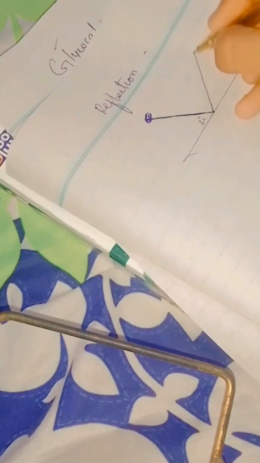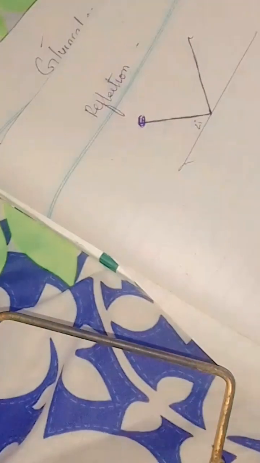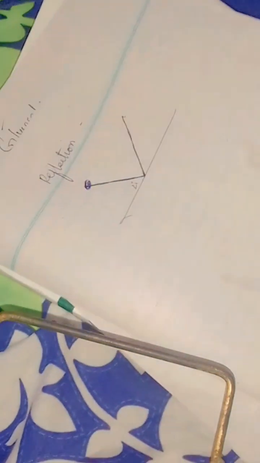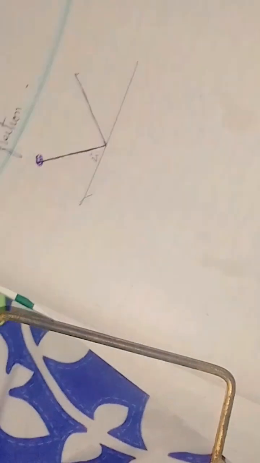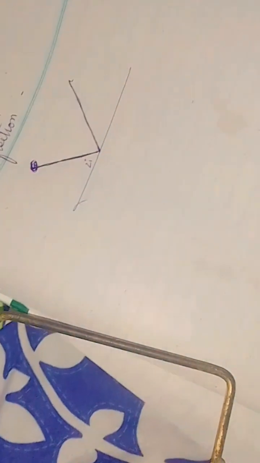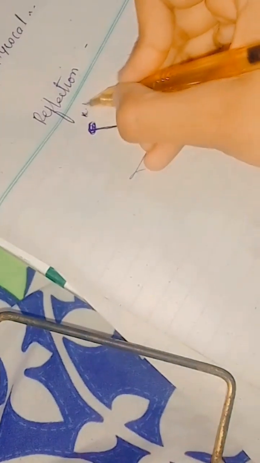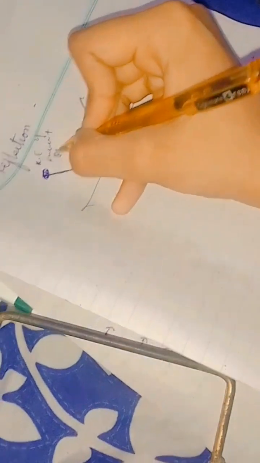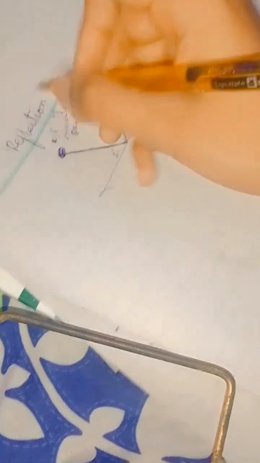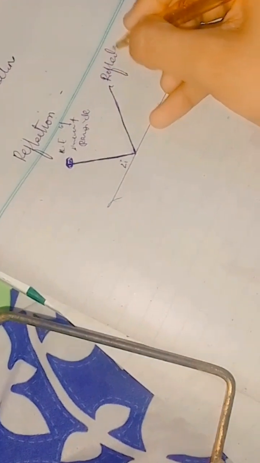Then it reflects back with the same energy, according to Newton. The kinetic energy of the incident particle will be the same as the kinetic energy of the reflected particle.